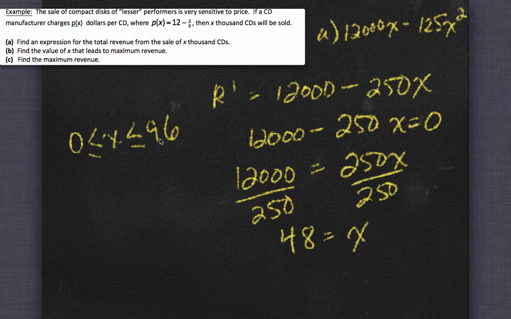Okay, so 48 is between these two. If we plug in 0, we'll get 0. If we plug in 96, we'll get 0. That's how we found the endpoints to start with, by setting x and p both equal to 0. So x times p will be equal to 0 at any of these points.